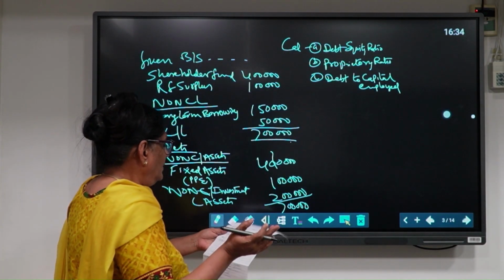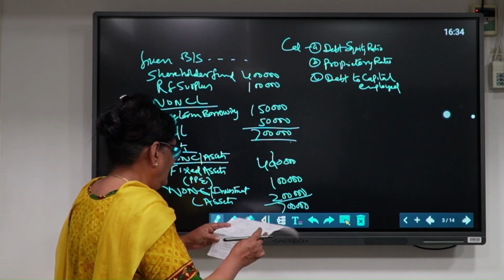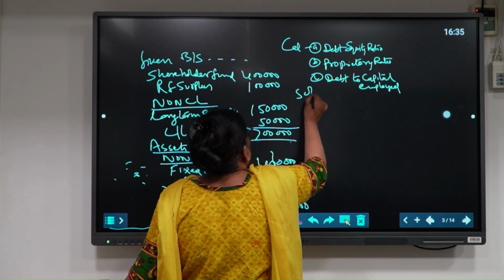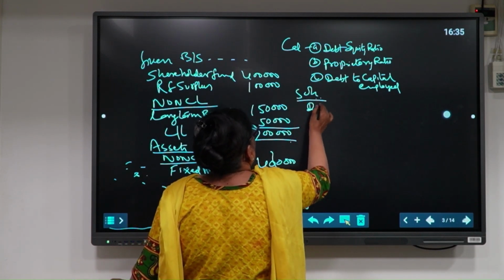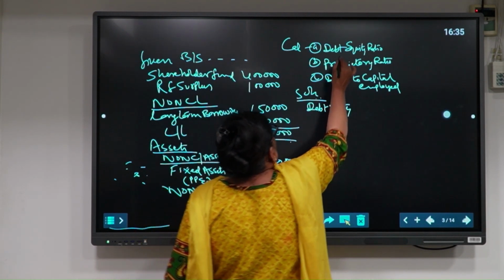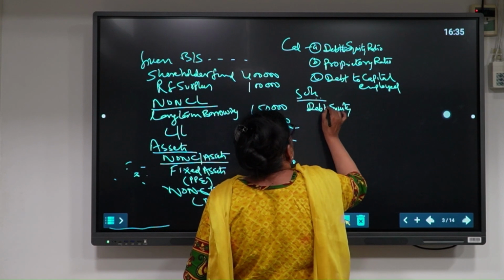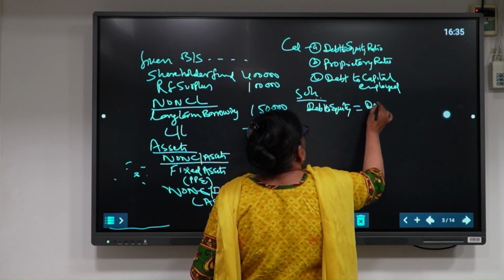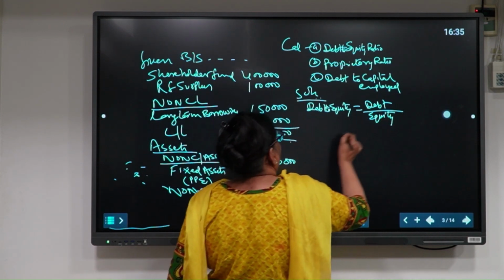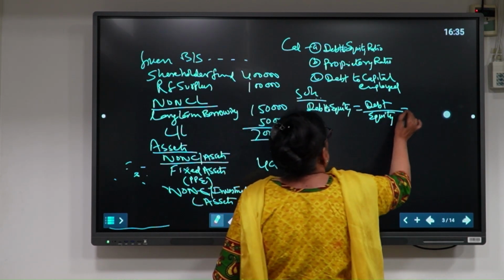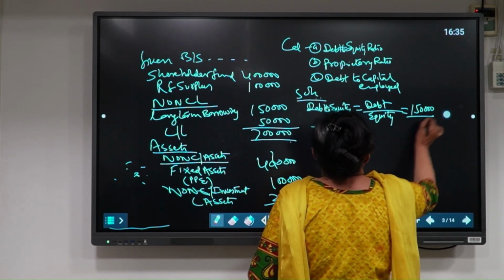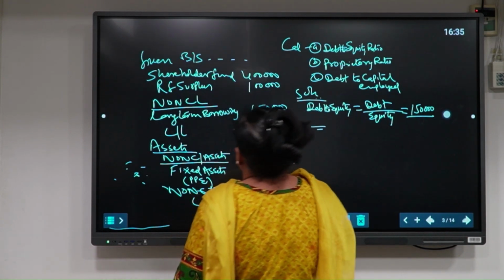So debt equity we have found out now. What is the formula for debt equity? Long term debt with shareholders fund. First one, solution. Debt to equity it is. So debt divided by equity, or shareholders fund you can write. So here, debts are how much? 1,50,000 divided by equity, shareholders fund 5 lakhs.